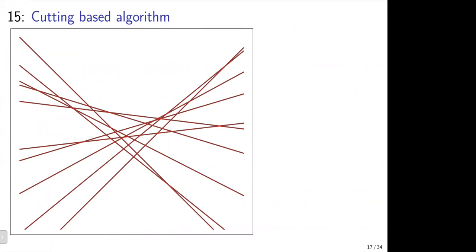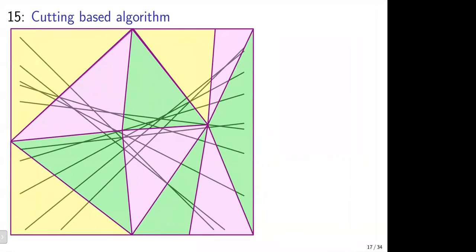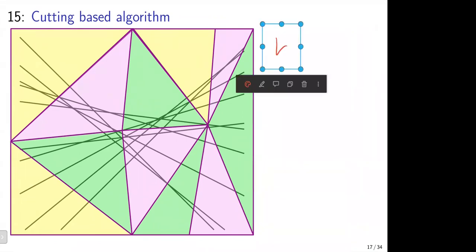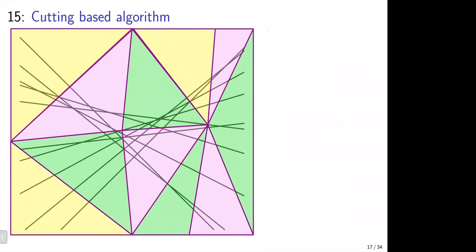So the question is how to do better. And there is a cutting-based algorithm. So you take the set of lines and you compute the cutting. What is a cutting? It's a partition of the plane into, let's say, r squared regions.